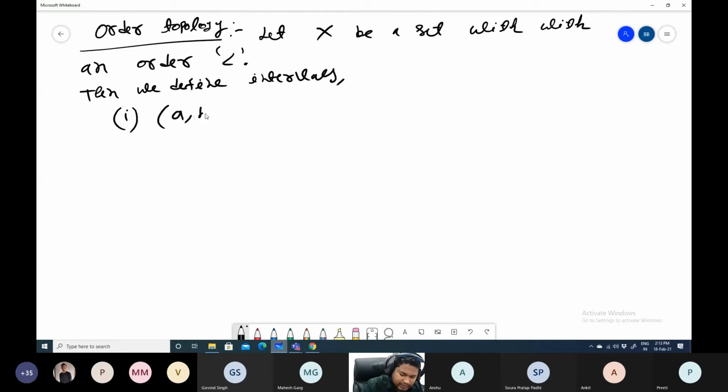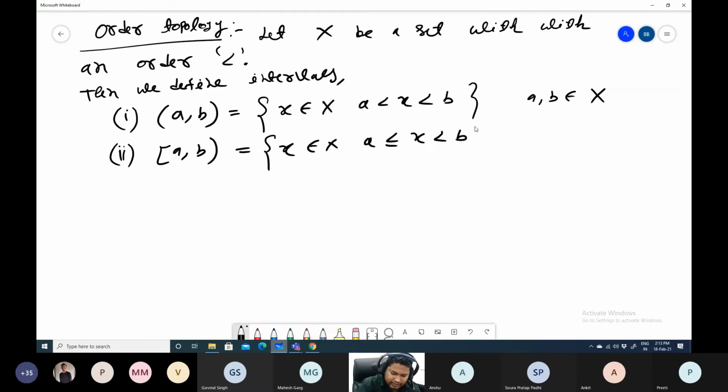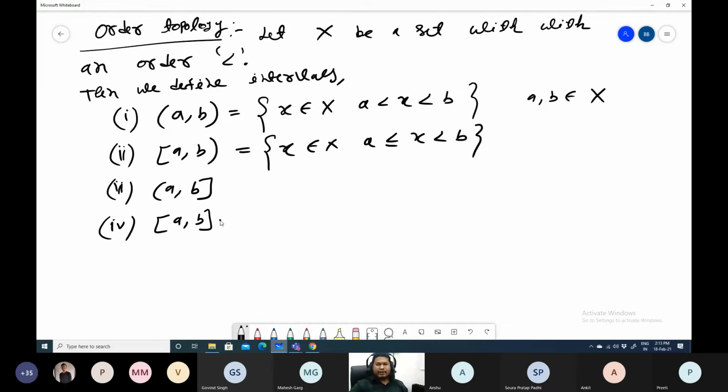Whenever you have the interval AB, that means all the elements X of X such that A is less than or equal to X less than B, where A and B belong to X. Similarly, we can define the open interval (A, B) and the closed interval [A, B]. We can define them in this way.